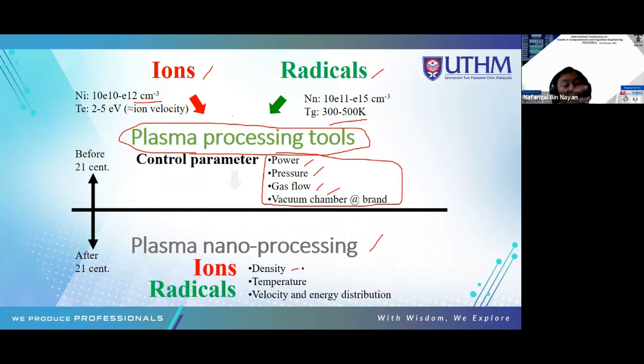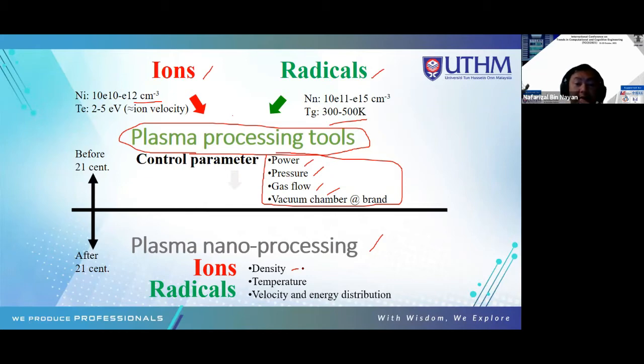We want to control the velocity and the energy distribution of all atoms. So instead of controlling the input power or the input pressure, we want to control inside. This is much better. That's why we call it plasma nanoprocessing, where we control inside.